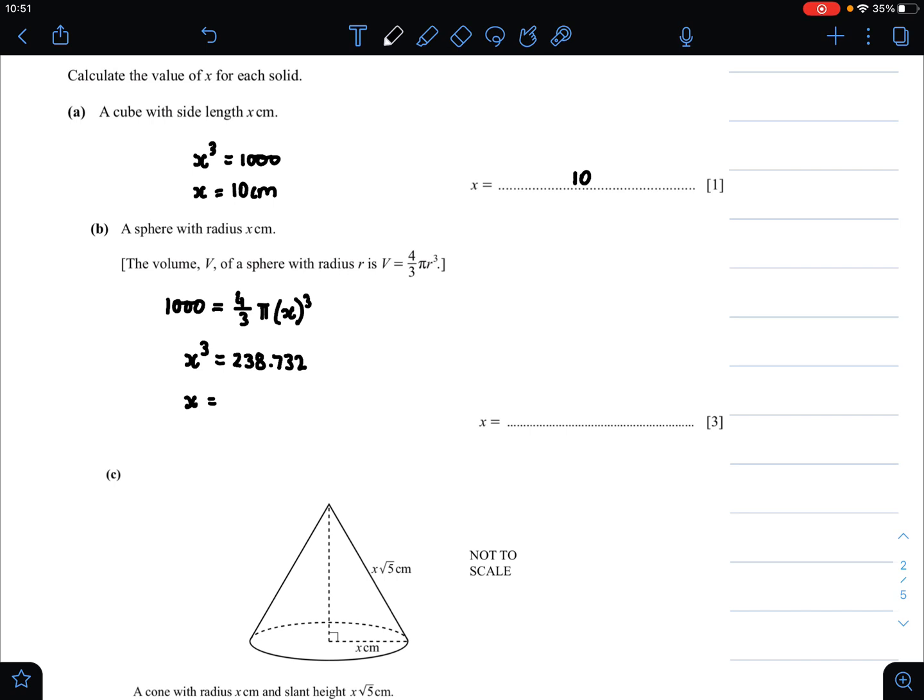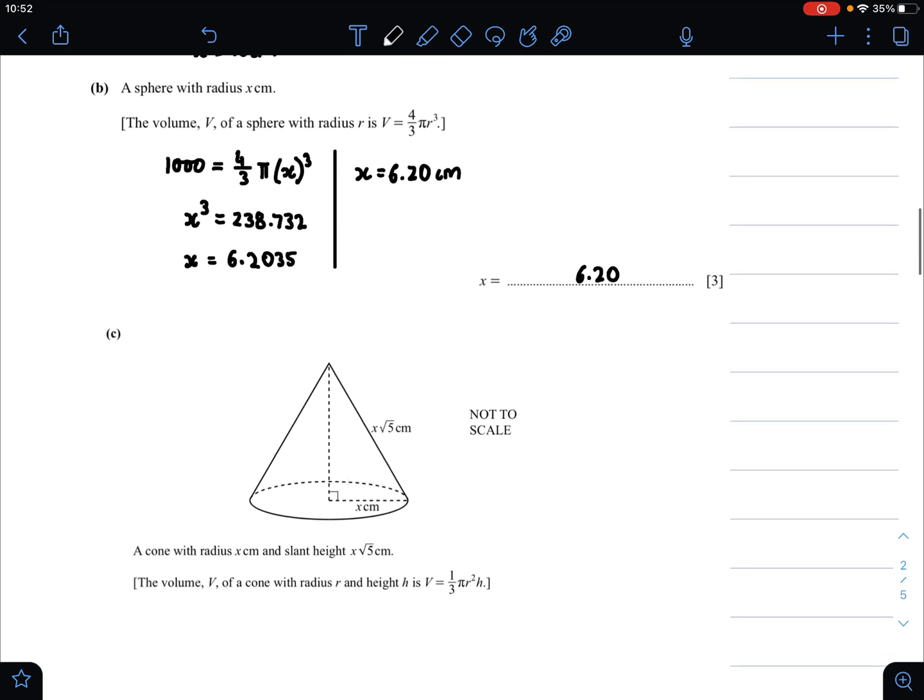So therefore cube root of 238.732 is equal to 6.2035. And since we need to give our answer in three significant figures, x will be equal to 6.20 centimeters. So therefore that will be your final answer for part B of this question.